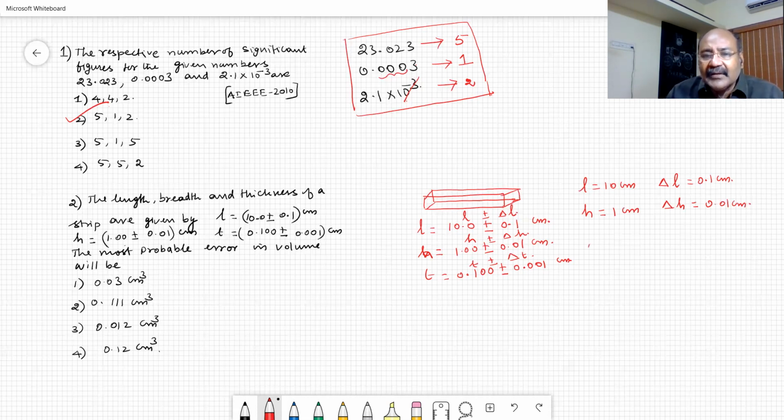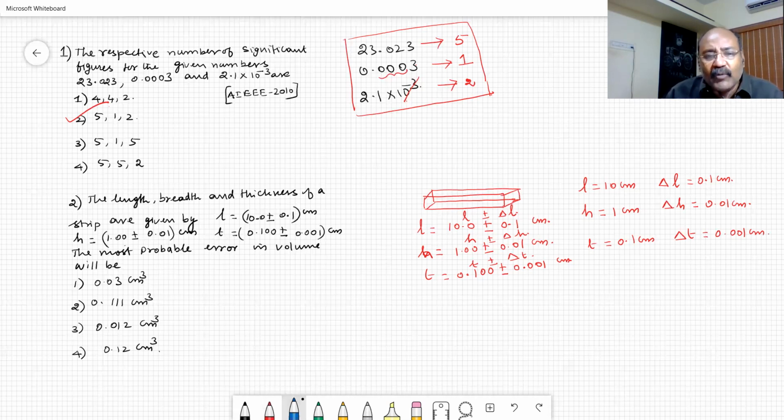In the third, the thickness T is equal to 0.1 centimeter and the change in thickness delta T is equal to 0.001 centimeter. So how can you calculate the probable error in calculating volume?